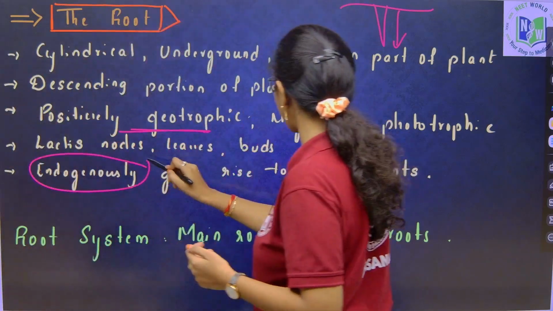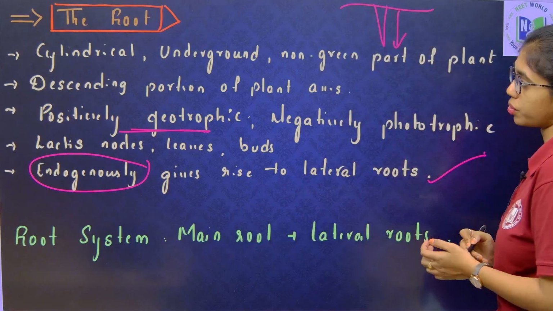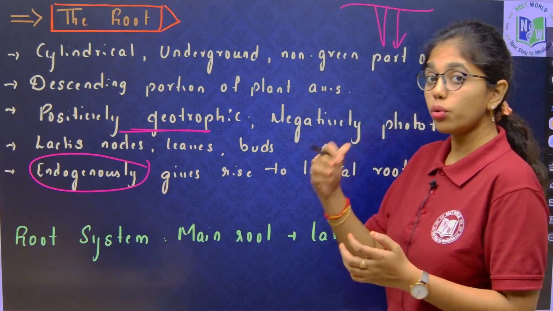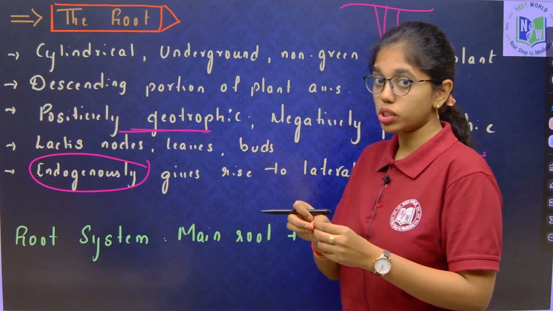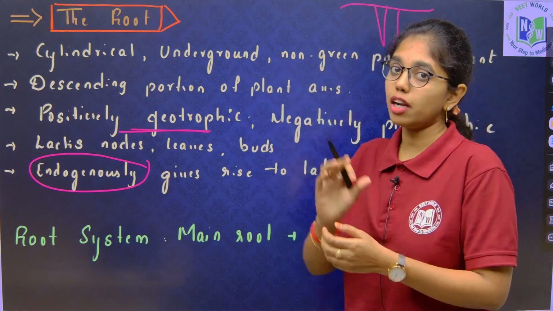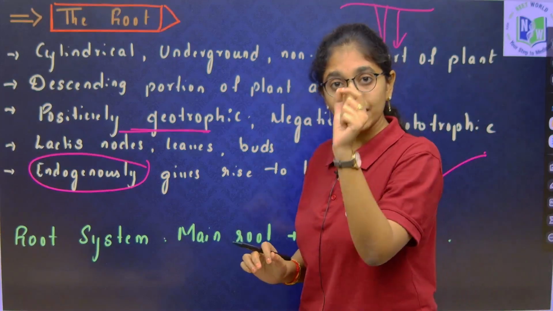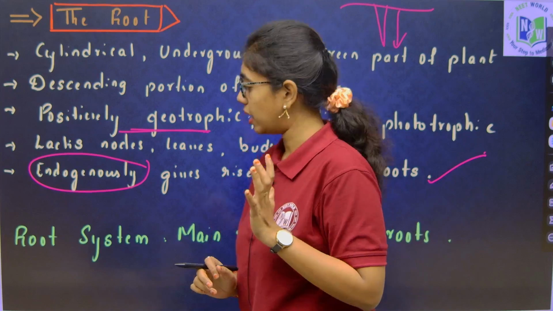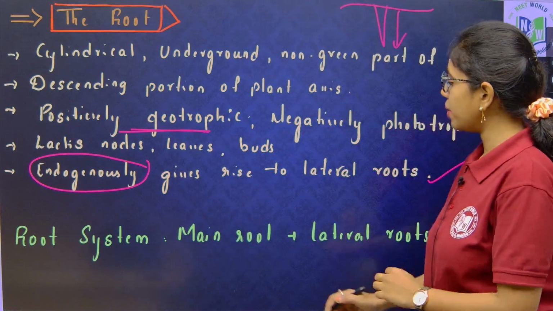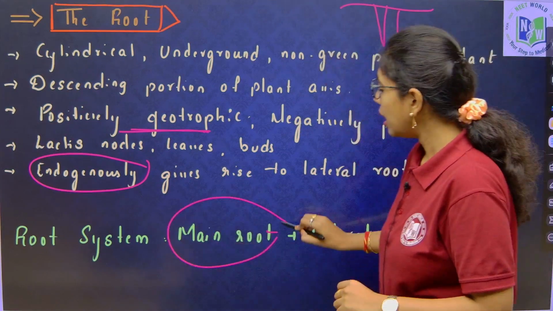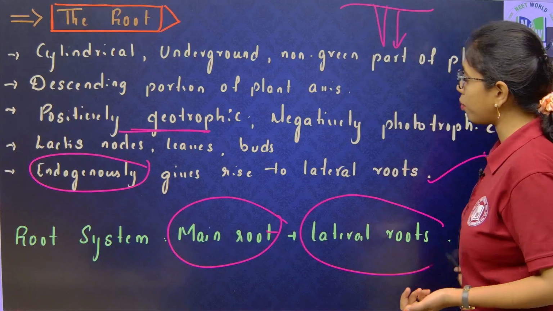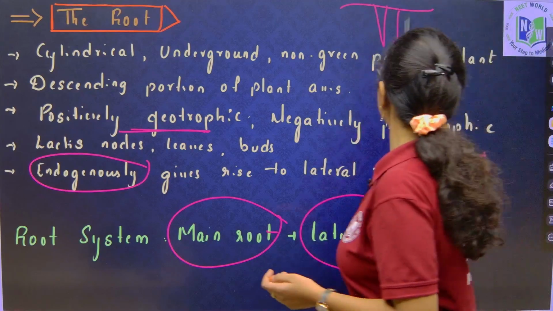Endogenously this gives rise to what? Lateral roots. Endogenously, from the main root system, lateral roots will arise. They exactly originate from the pericycle. So the root system here we can describe it as simply main root plus tap roots will give you the root system.